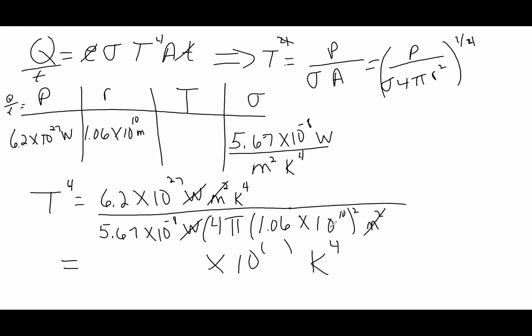In your calculator, just divide 6.2 by this number, by 4, by pi, and by 1.06 squared, and see what you get. Take your time.